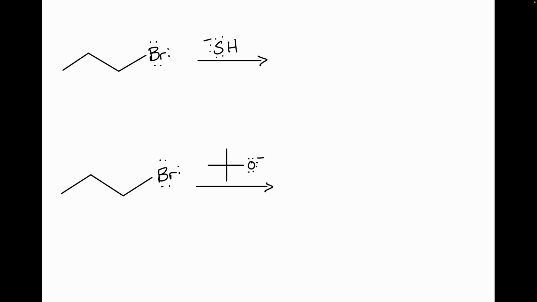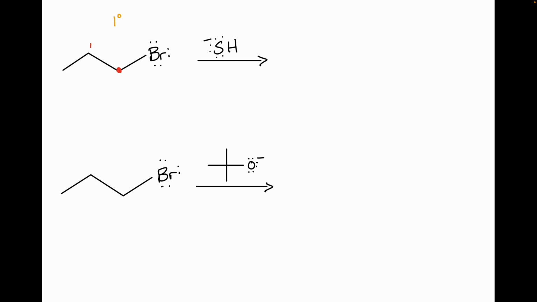So what I've got to do is figure out what category my alkyl halide falls into. What are we looking at here? What is this alkyl halide? Primary, secondary, tertiary? Primary. Right? The carbon with that halogen on there only has one carbon neighbor.